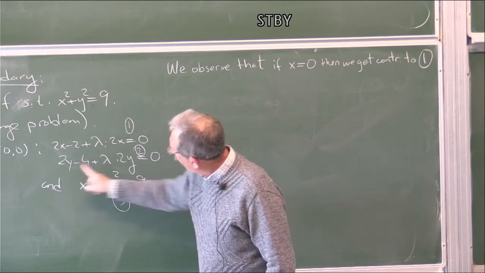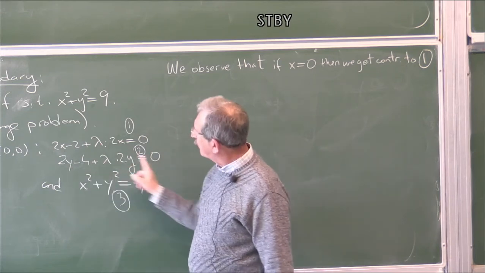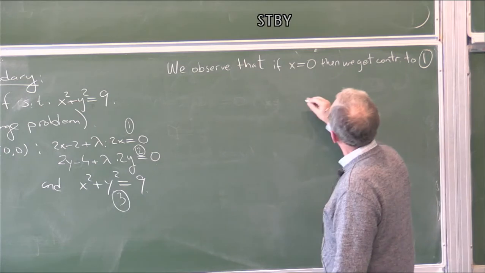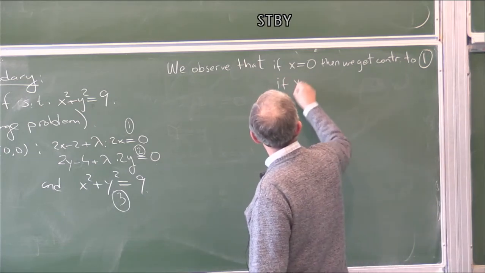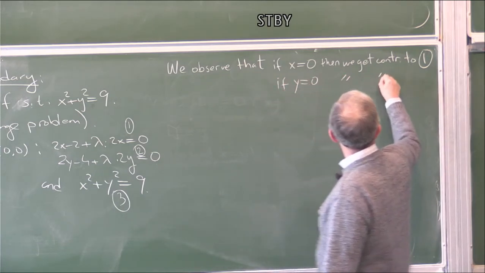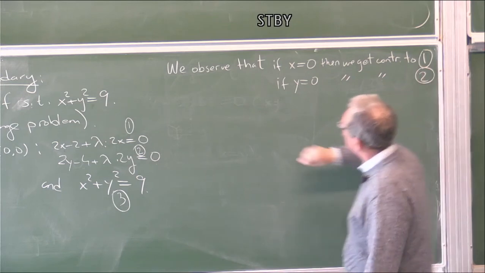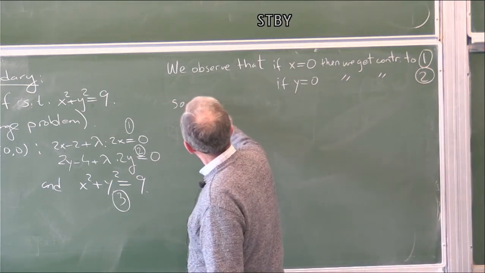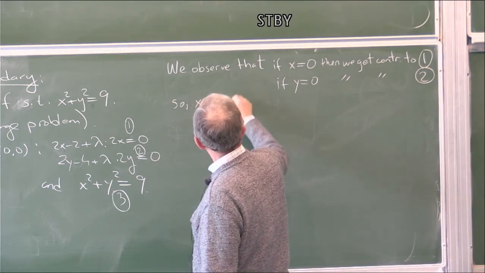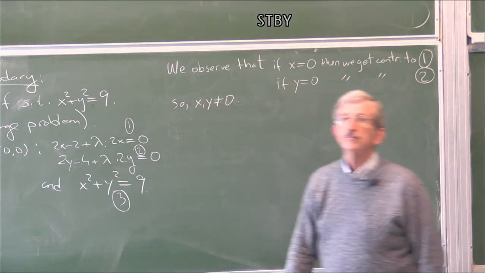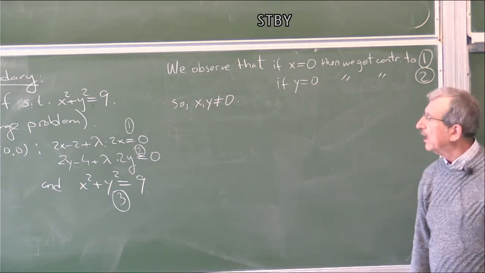Similarly, if y is 0, minus 4 is equal to 0. And if y is 0, then we get contradiction 2. So x and y are not zeros in the first place.